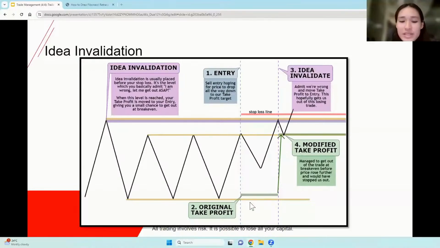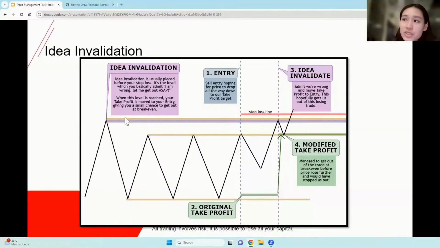You can see how we've placed our take profit before a major confluence area or major resistance area. As you can see here, we have 3 swing lows. So we're placing our take profit slightly above that. Here we see price reverse and it's heading up towards our stop loss. Okay, so the point at which your idea invalidation is triggered is at this point.